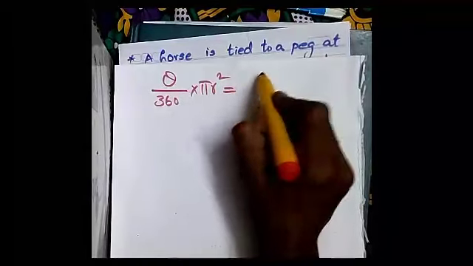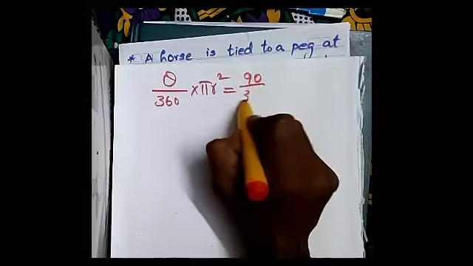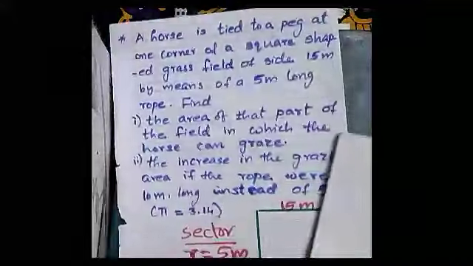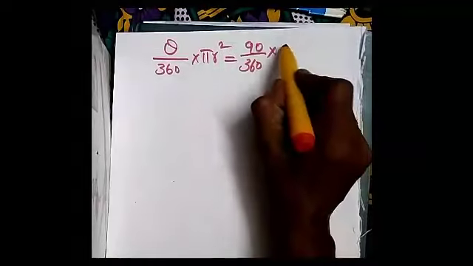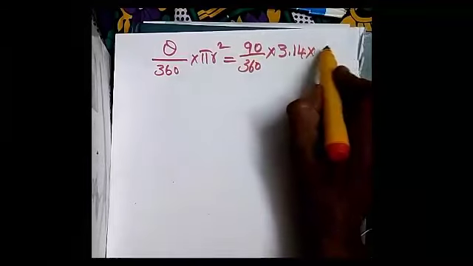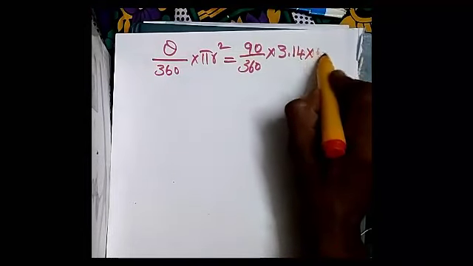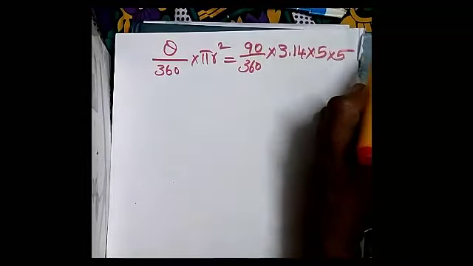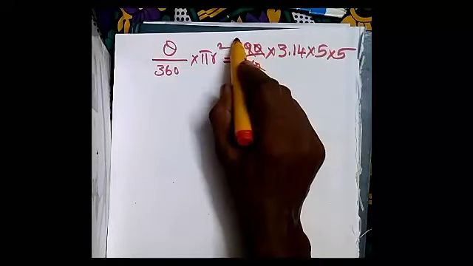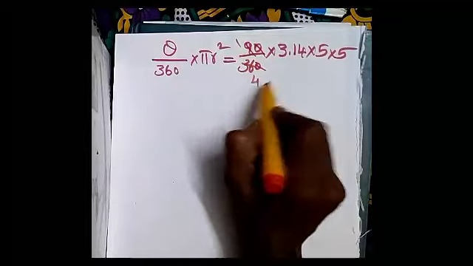The same formula. Theta means 90 degree by 360 into pi. What is the value of pi in the question? It is 3.14. So, 3.14 into, what is the length of the rope? That will be the radius, no? So, 5 into 5. Now, here we can cancel the common factors, 9 here you can cancel it as 4.